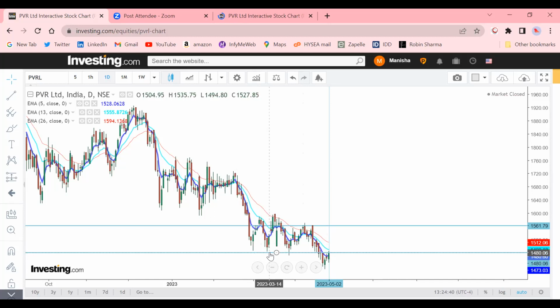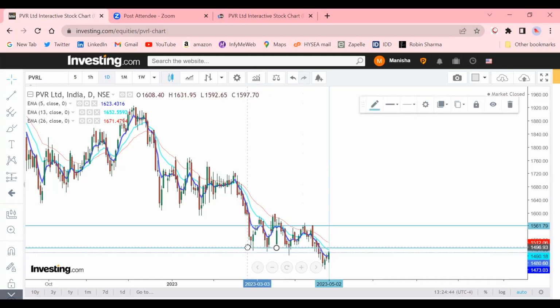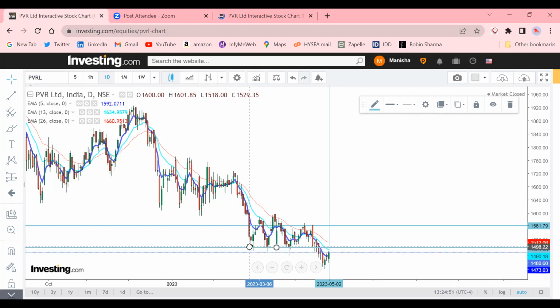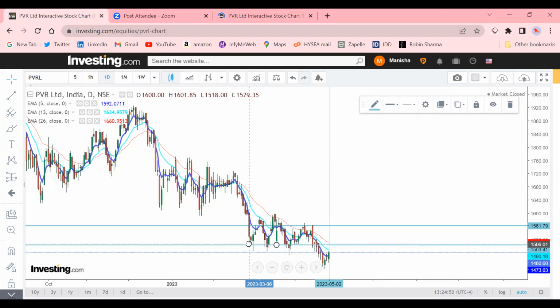Is it right, or do I have to move it up a little? Correct, wherever it is touching the maximum number of candles, and also we need to consider that the price has reversed from there. We should be putting it below the current price level.